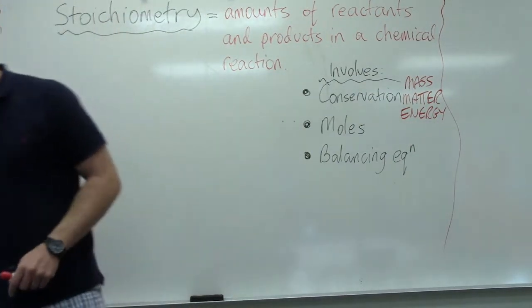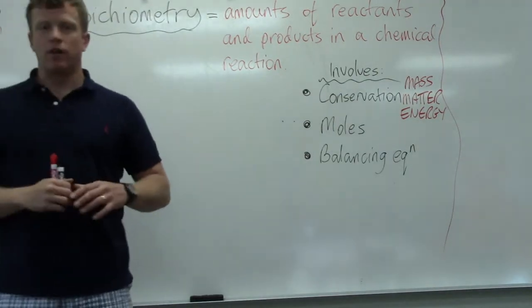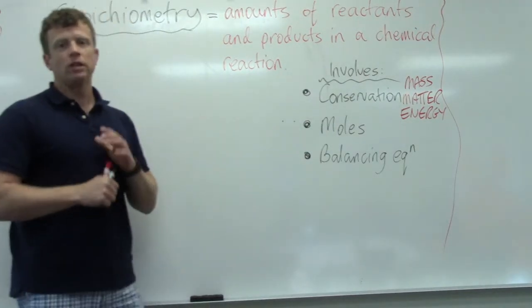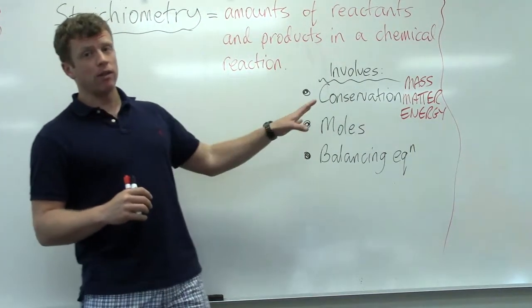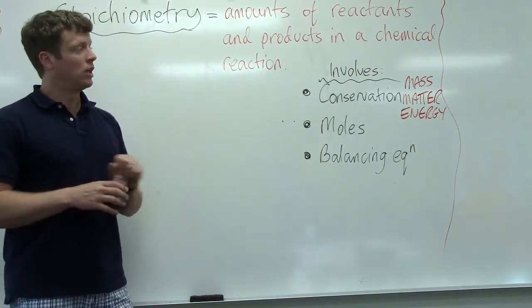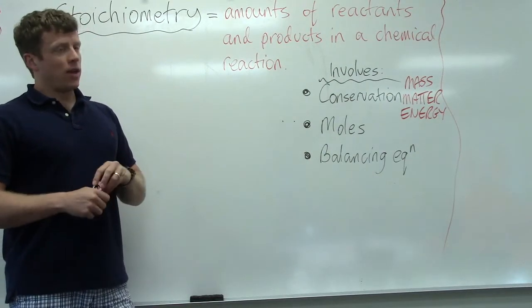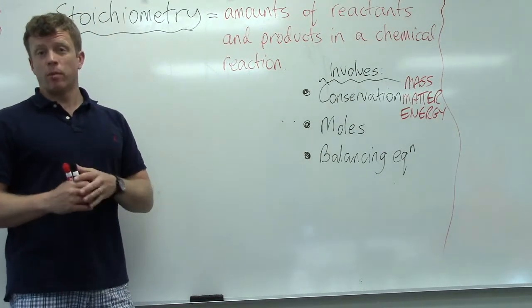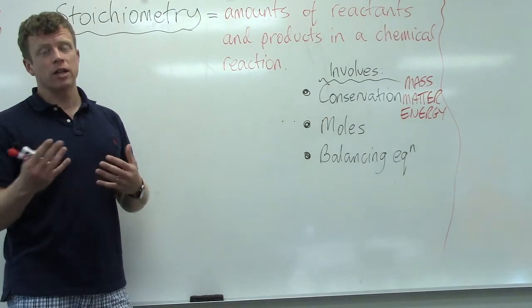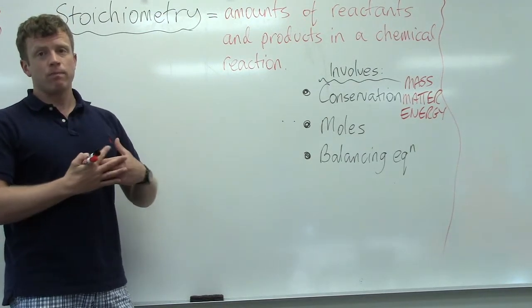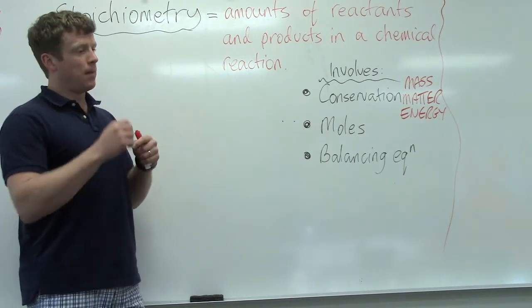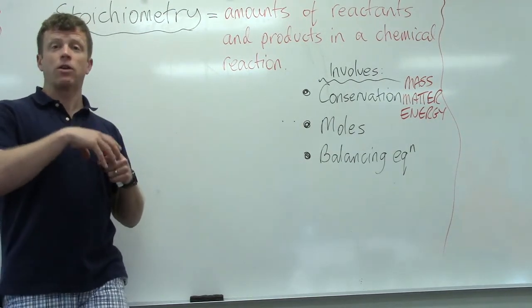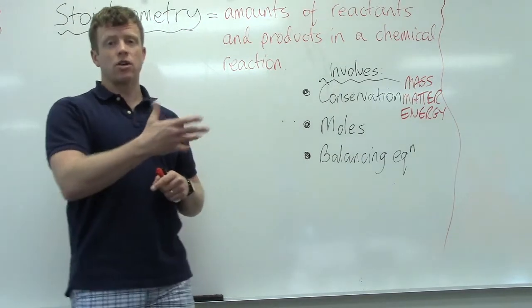So the idea of stoichiometry is it's very helpful, because if we know that what we start with we should end up with, conservation of mass law, then we can figure out how much of a particular reactant we need for a reaction. If we start with a certain amount, say for example the hydrogen and oxygen example that was just on the board, if we start with a certain amount of hydrogen, we can calculate how much oxygen we need to get a certain amount of water.